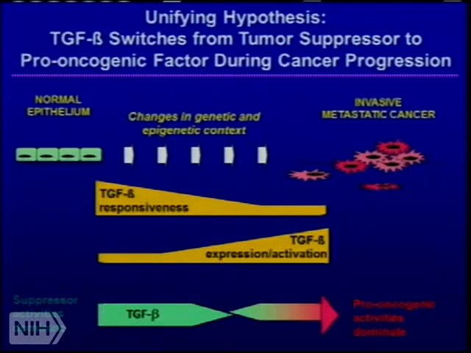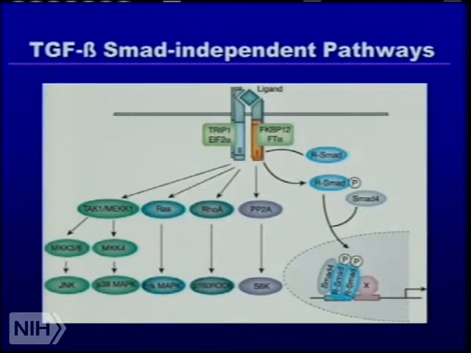So in metastatic cancer, the pro-oncogenic activities of TGF-beta begin to predominate over the tumor suppressor activities, and this increases as tumorigenesis increases. Now, I told you about the SMAD-dependent pathways for TGF-beta.